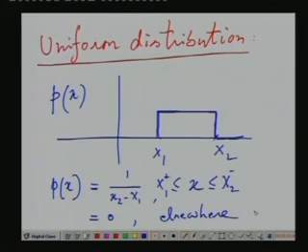So, this is for the probability density function, and corresponding probability distribution function will be what? We have to go on integrating it. Okay. What will happen if you integrate it?